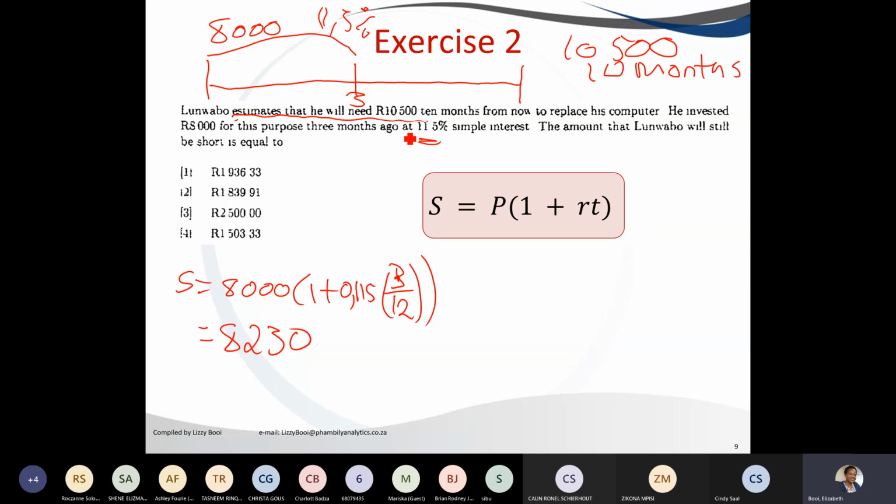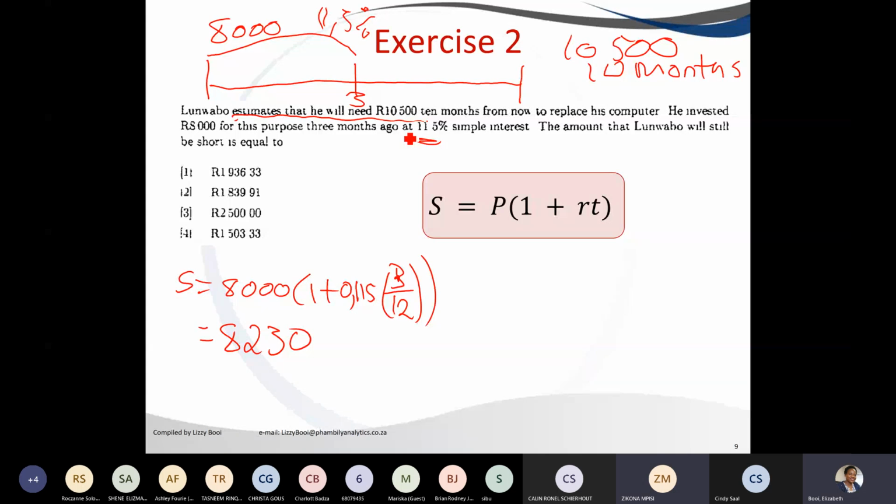So you can actually take the 8,000 and multiply it by the 13 months... no, you cannot do that. So probably we need to take the 10,500 and subtract the 8,230.